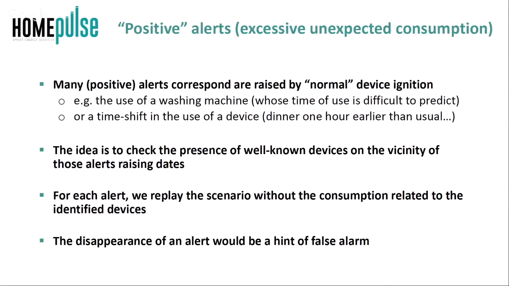So the idea is to check, at the moment of the alert, thanks to the output of the disaggregation algorithm, if there are very well identified devices which are turned on at that specific moment. And if there are, we can remove them from the aggregated load curve, and we can replay the alert system on this new load curve.